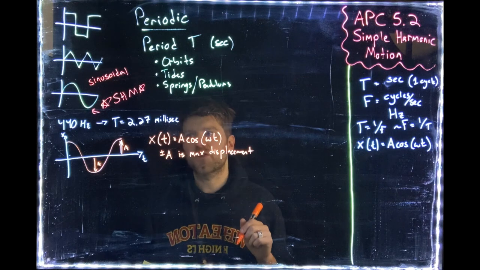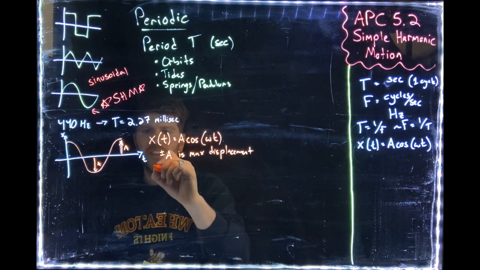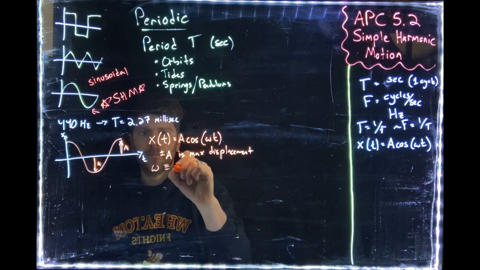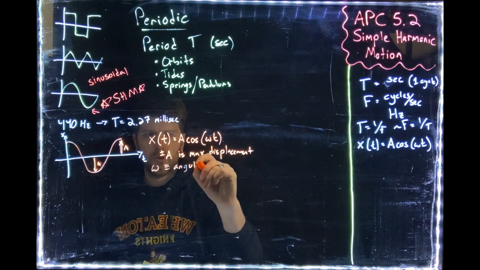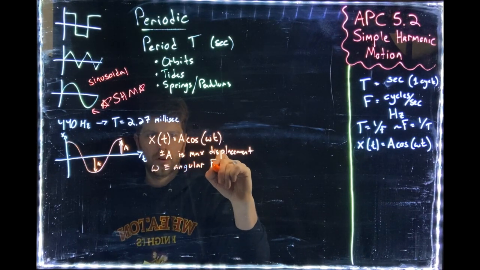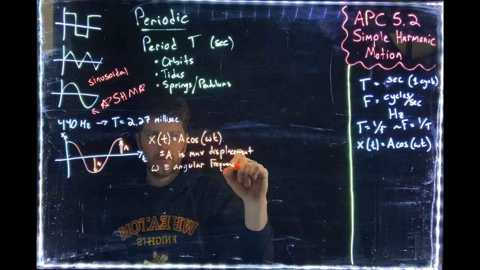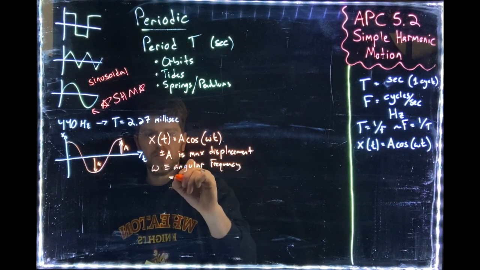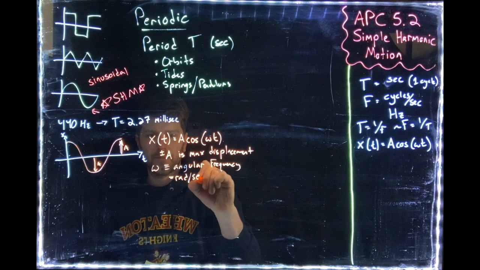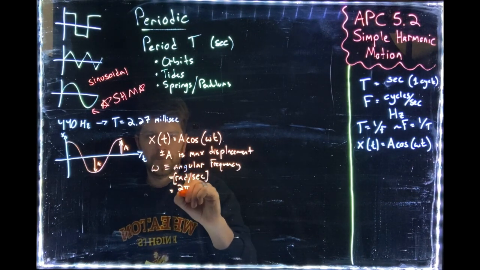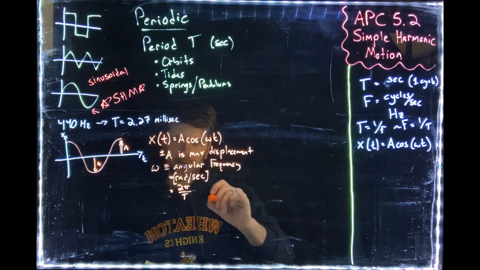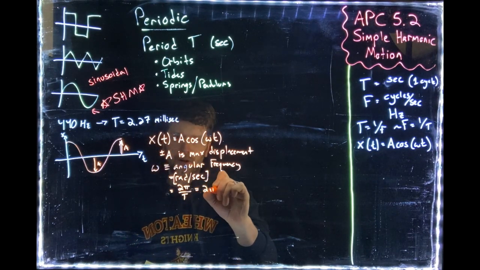You might be wondering about this omega. The omega is what's called the angular frequency. Angular frequency is measured in radians per second, and it's defined here as being 2 pi over the time period, or 2 pi times f.